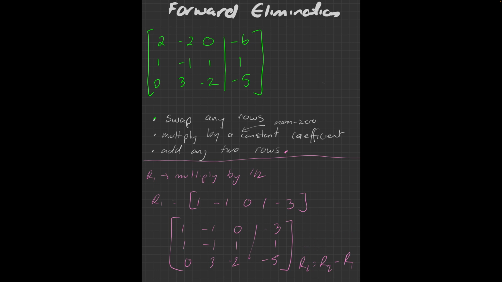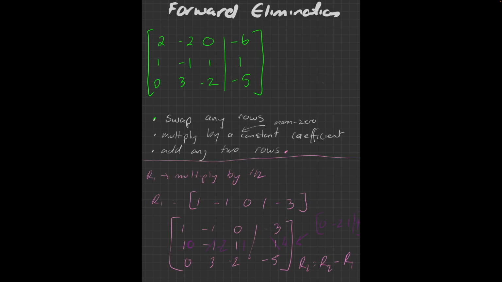So we're essentially just going to do that. I might do this in a separate color next to it, just for visibility. So we're going to minus row 1, so 1 minus 1 becomes 0, minus 1 minus negative 1 becomes negative 2, and 1 minus 0 stays 1, 1 minus 3 becomes negative 2... so R2 goes to 0, minus 2, 1, 4, which gives us a new matrix.